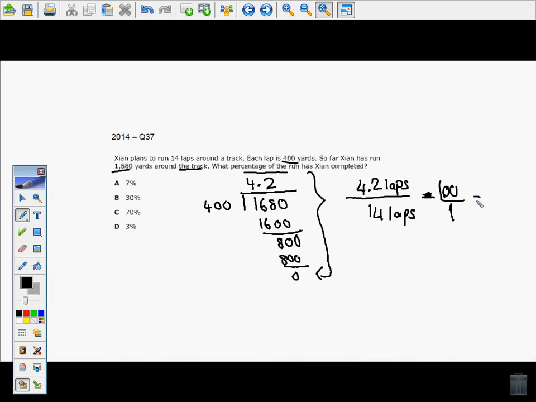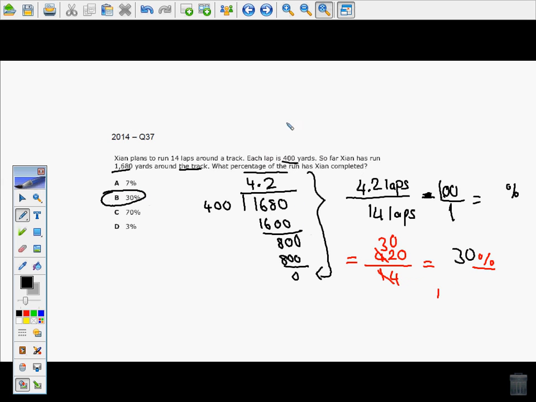I'm going to put it over 1, and our answer will stand for percent. So I'm going to multiply straight. It's going to be 420 over 14. Now I need to do division to see how many percent it is. Basically 14 goes into 42 3 times, and I need to keep the 0, so it is going to be 30%.